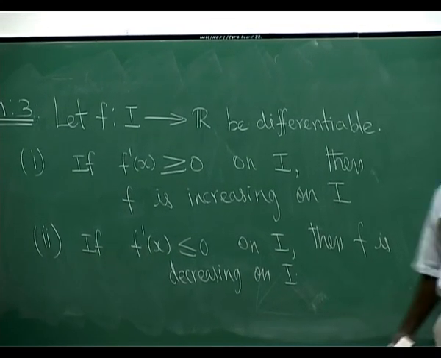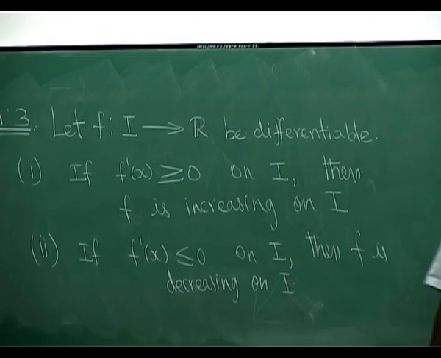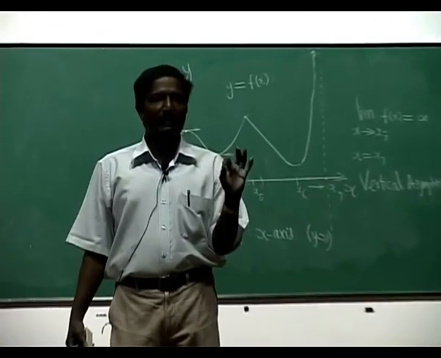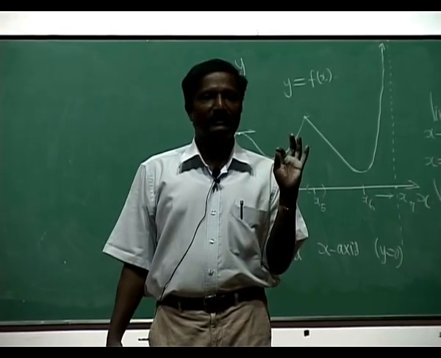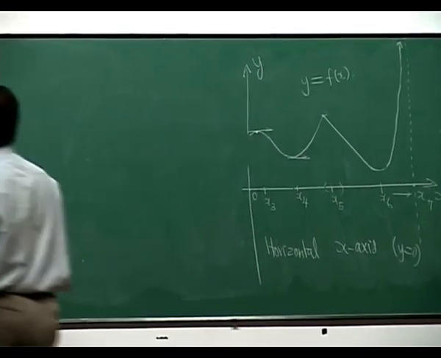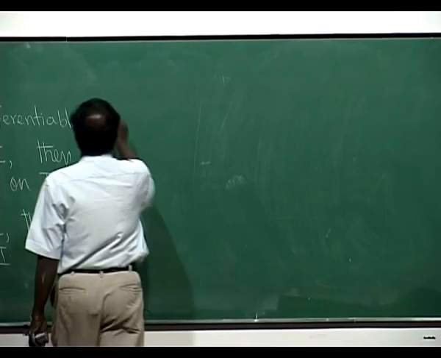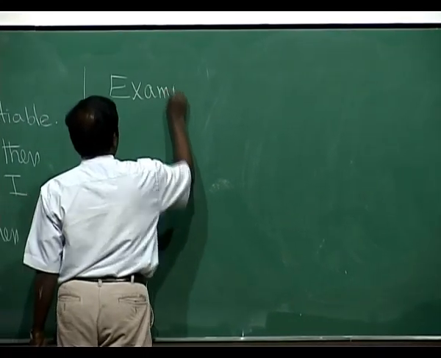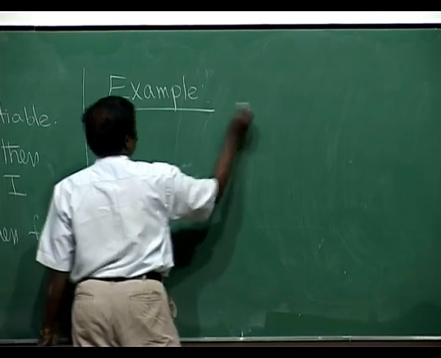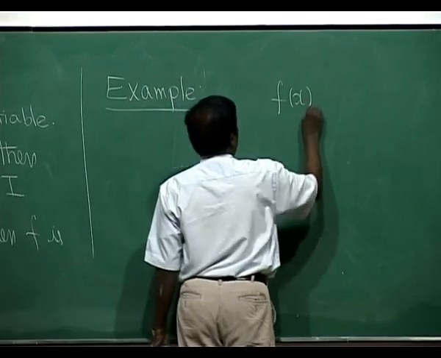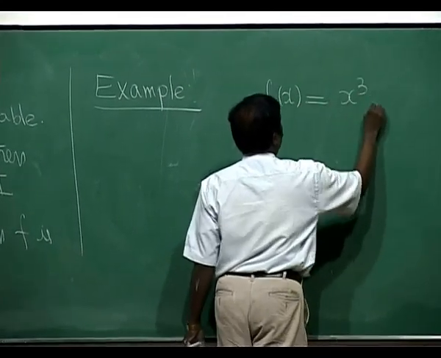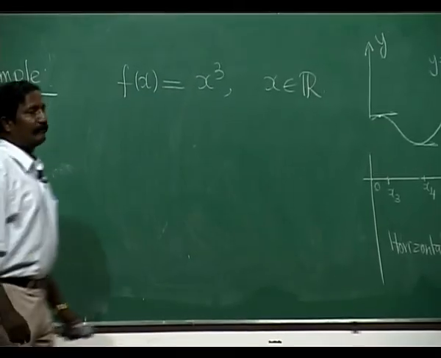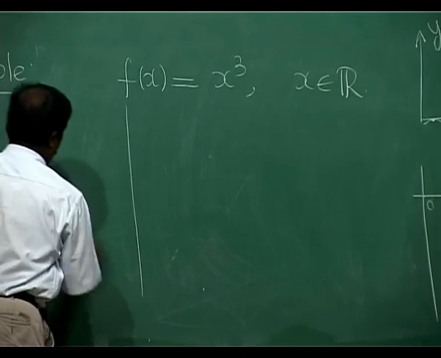But the derivative being 0 at a point does not mean it has to have a maximum or minimum. For example, f of x equal to x cubed, where x is in R. We know the graph of x cubed looks like this.